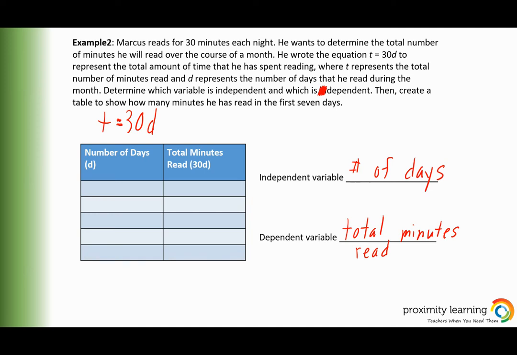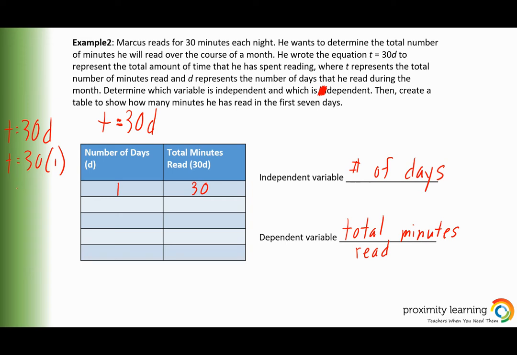So if we read for one day, we'll substitute. I'll put it right here. We still have our equation, right? T equals 30D, or T equals 30 times D. So instead of D, I'm going to put 1. 30 times 1 is 30.